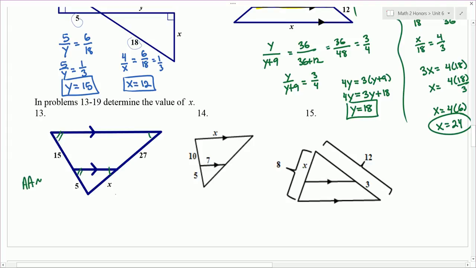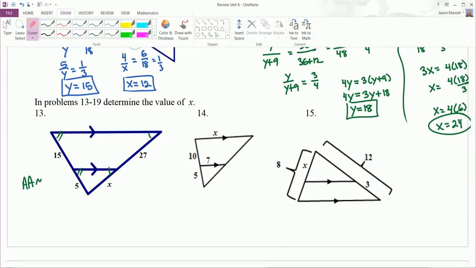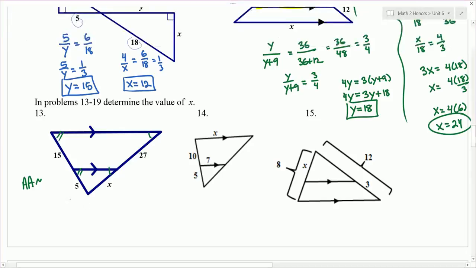And we could say small triangle, we have x over 5. Well, actually, let's go small to big. It'll work out better for us. So 5 to 15, small to big, is x over x plus 27.